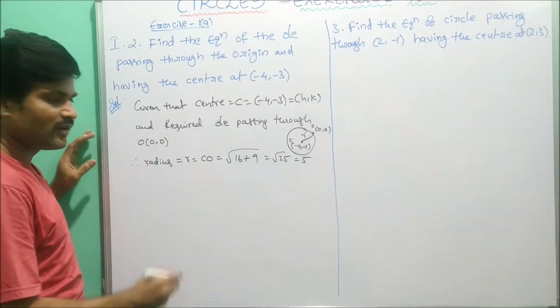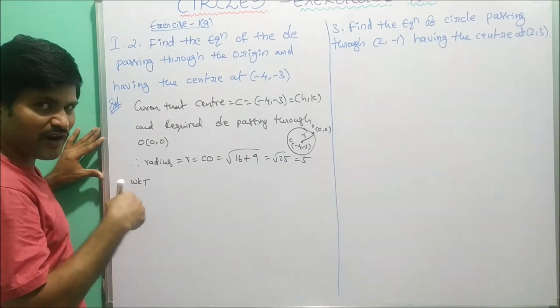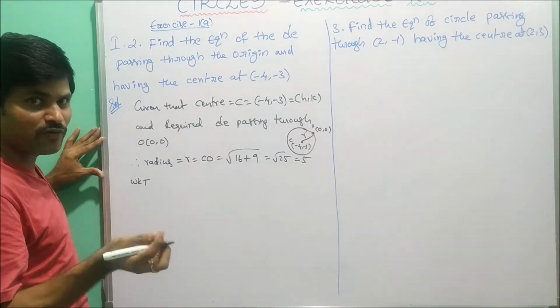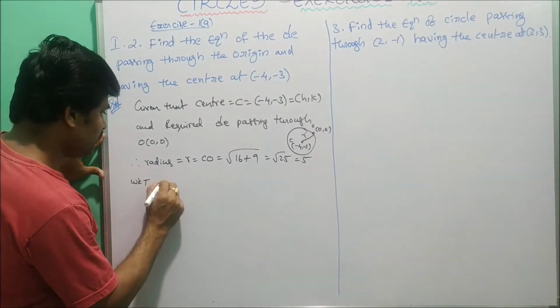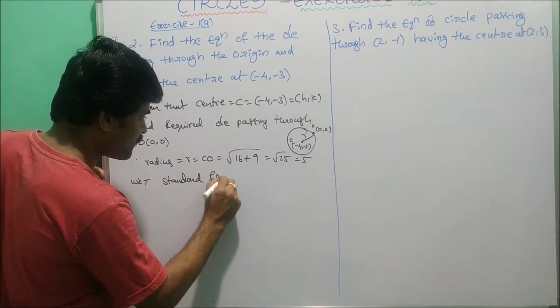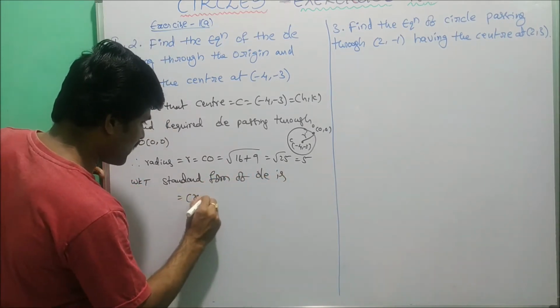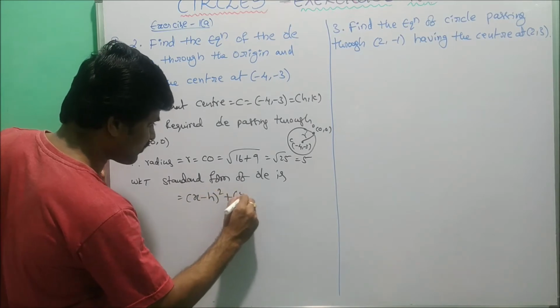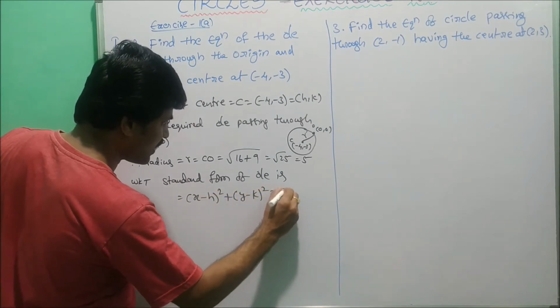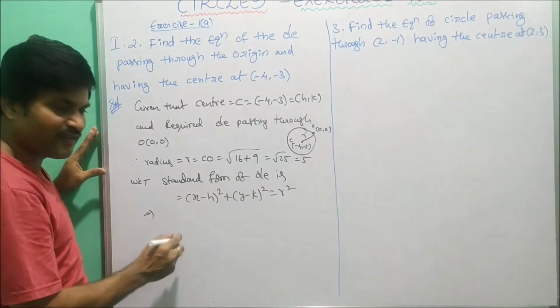This is the radius. Now we know that given center and radius, to find the equation of the circle we use the standard form of the circle. We know that the standard form of a circle is x minus h whole square plus y minus k whole square equals r square. Now we substitute the values h, k and r in this equation.